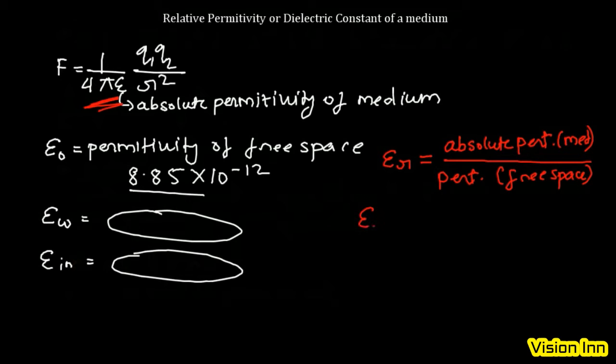So basically we are comparing the permittivity of any medium with that of free space. This is epsilon upon epsilon naught. So we can know with this how many times the permittivity of any medium is more compared to that of free space.